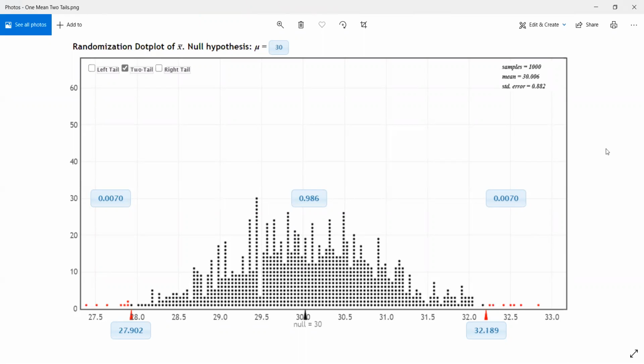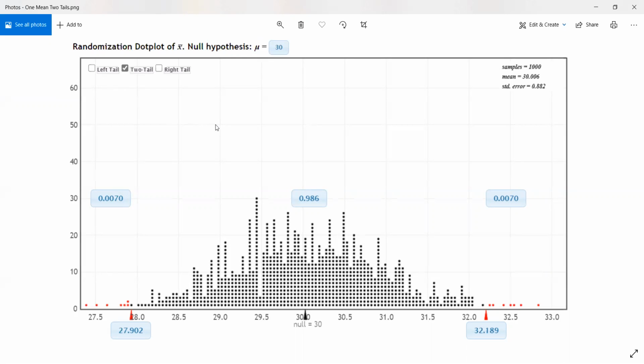That means these are 1,000 samples. And the null hypothesis is that the mean mu is equal to 30. Now, if you look at what's checked off up here, can you tell me what kind of test this is? Is this a left tail test, a right tail test, or a two-tail test?